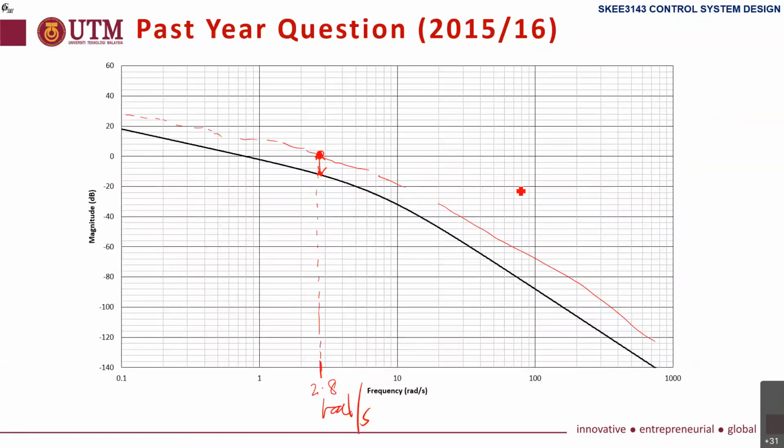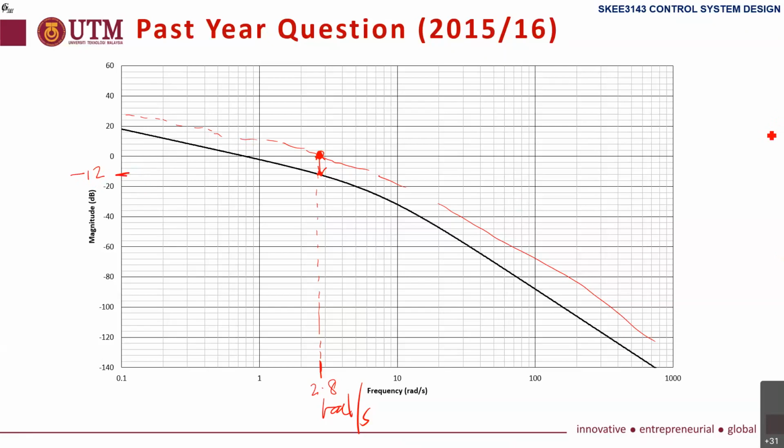How to do that? We need to increase the gain. We need to increase the magnitude by this many dB. This is 12 dB, this is minus 12 dB. So we need to increase by 12 dB.